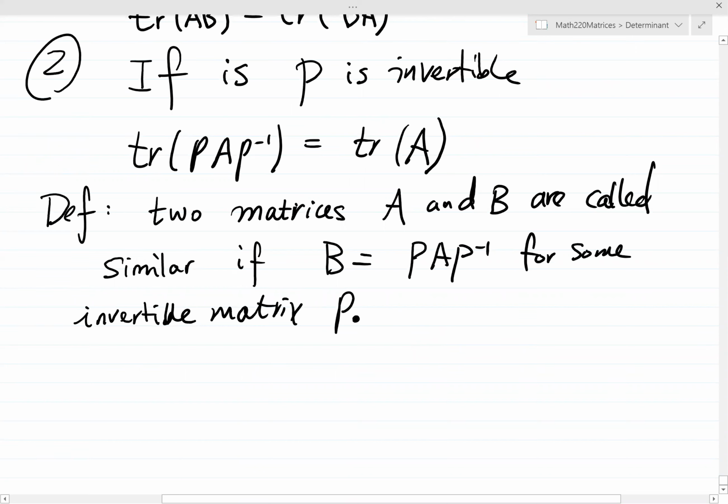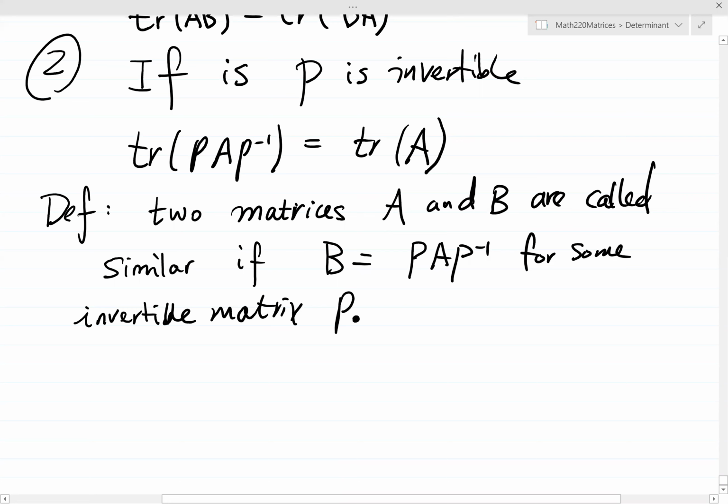Now we will prove a stronger property. The trace is determined by the characteristic polynomial, and the eigenvalues are also determined by the characteristic polynomial. So we prove a stronger property, that similar matrices have the same characteristic polynomial.